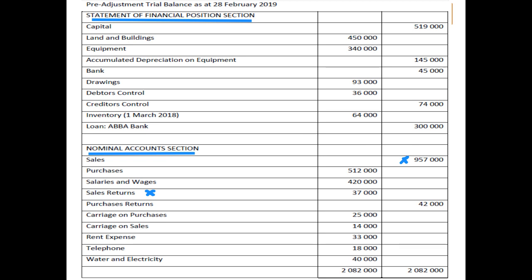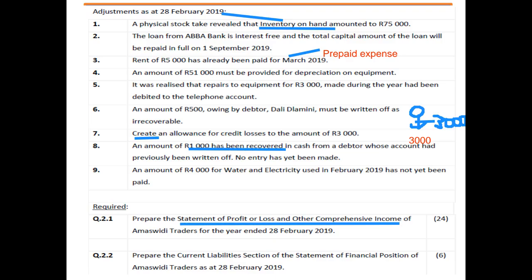Yes, there's water and electricity of 40,000. We must go and check the adjustment. An amount of 4,000 for water and electricity use in February 2019 has not yet been paid.